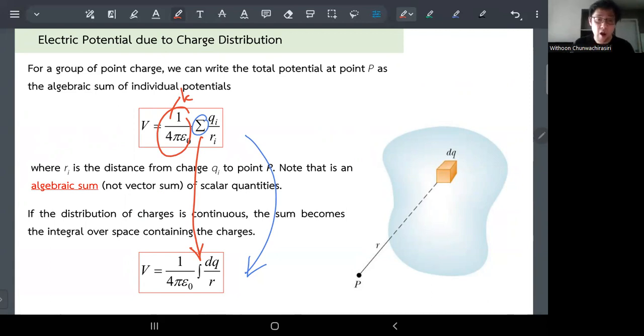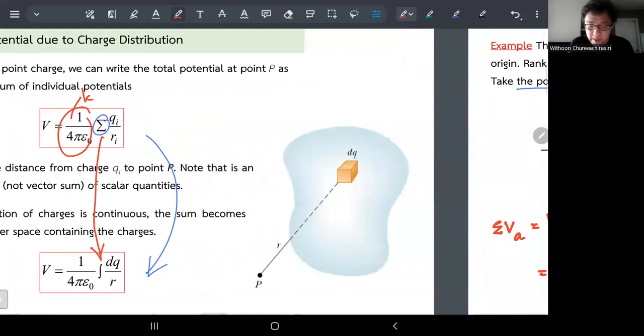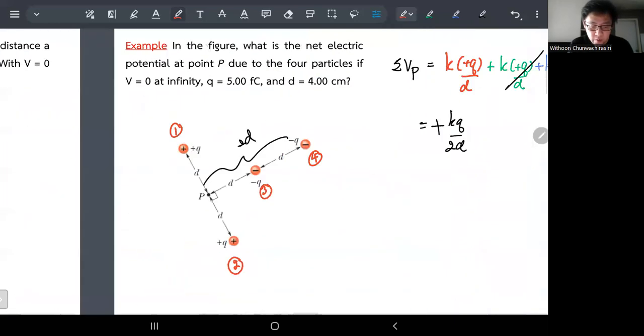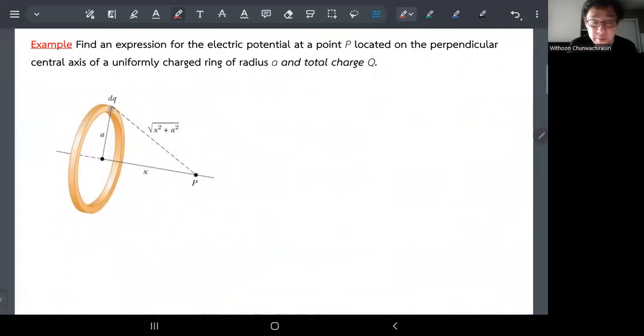So all you have to do for the continuous case is to just extend the summation into an integral. It means you have to do a little bit of calculus. We slice that continuous piece of charge into a tiny piece first, and let me call the charge in there dq. Let's consider just that dq alone.